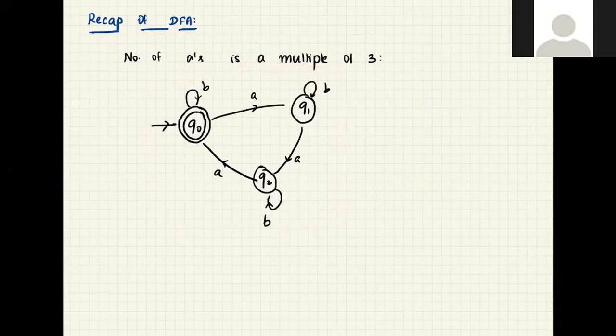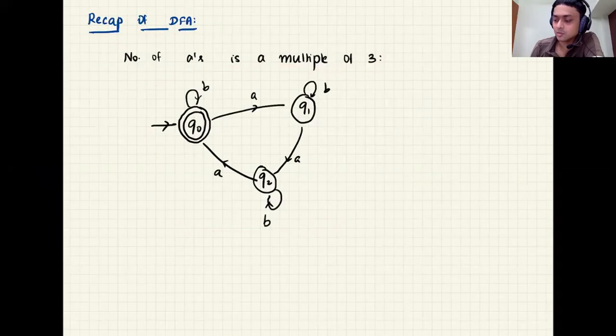The states count the number of a's seen so far modulo 3. So this remembers that the number of a's seen so far divided by 3 gives remainder 0. From such a state, as long as I keep seeing a b, this does not change.